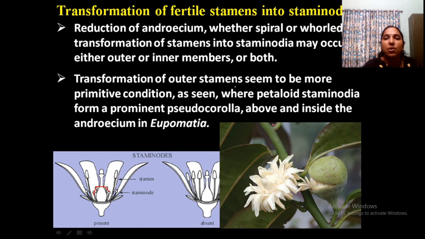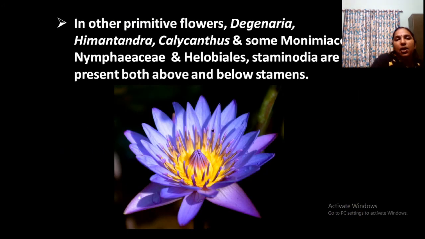Eupomatia is an example where petaloid staminodia form a prominent corolla part. So, these are actually petaloid staminodes that form a prominent corolla above and inside the androecium. Then Degeneria, Cyclanthus, Nymphaeaceae, etc. Staminodia present both above and below stamens. You studied that.